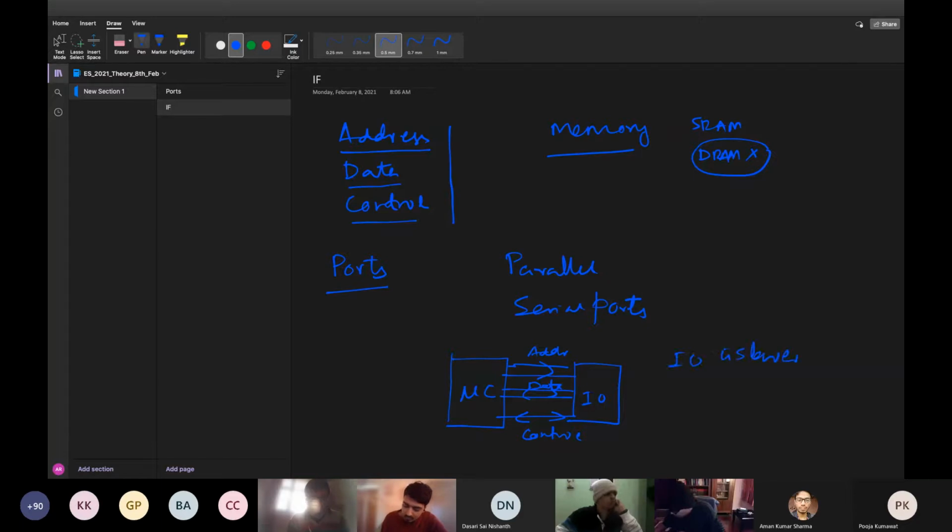If they are slower, you cannot directly address and get data. The microcontroller puts an address, it has to wait a long time. Because of this timing mismatch, if the IO device is slower than the processor, the moment you send an address, it has to wait a longer time before it gets the data. Therefore, to resolve this issue, the microcontroller has these ports, serial port and parallel port.